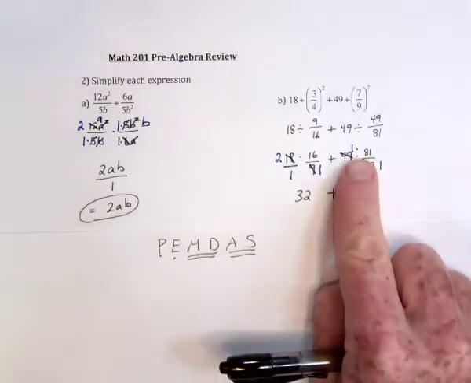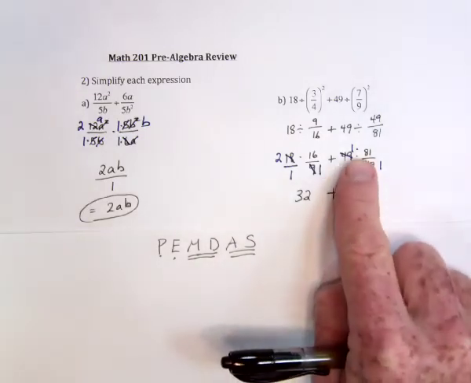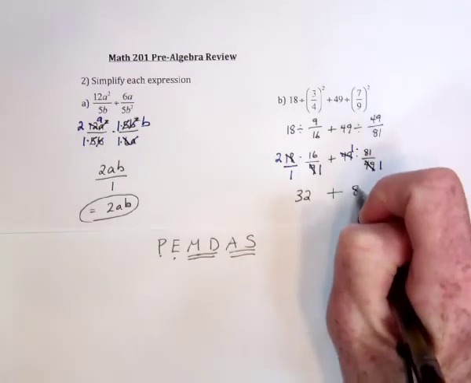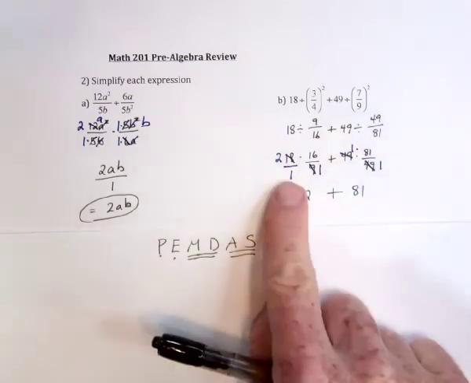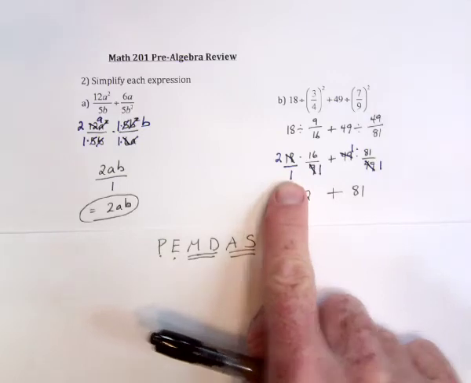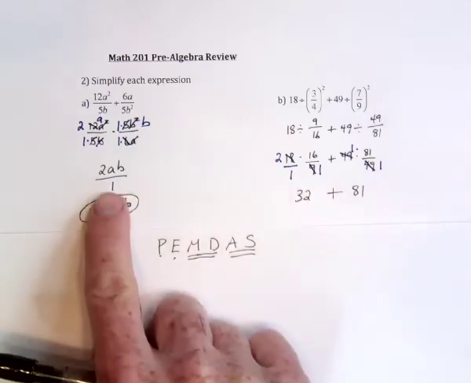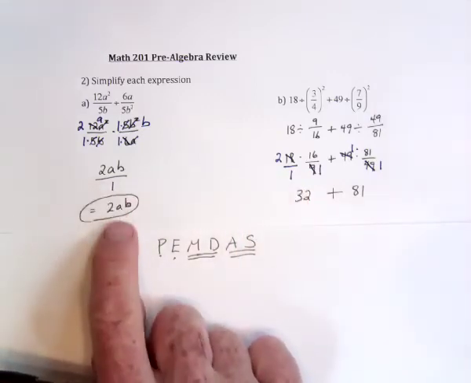Over here, I have an 81 times a 1, so that's 81. And they are technically over 1, but as we saw over here, dividing by 1 doesn't change the numerator, so you might as well just write it in the simplified form.